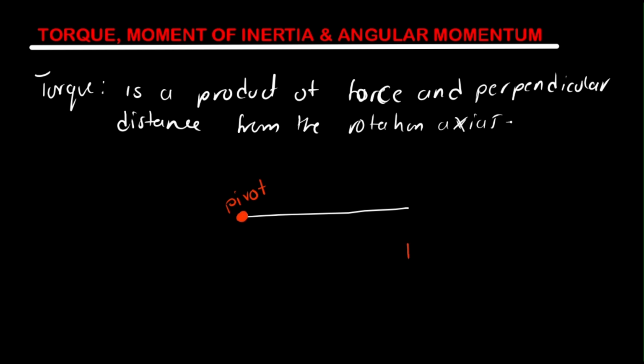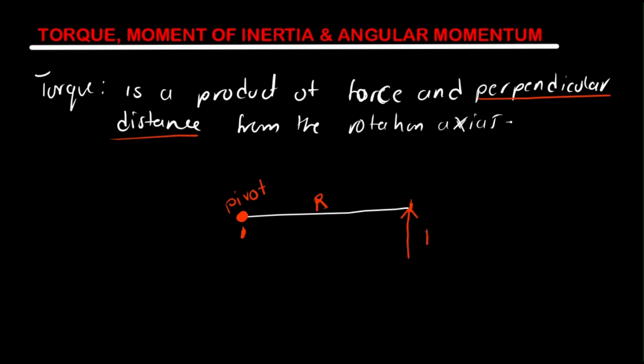And this side is where you are applying the force. The distance from the point which is rotating to the point where you are applying the force is what we call the radius. That's the perpendicular distance that we're talking about.